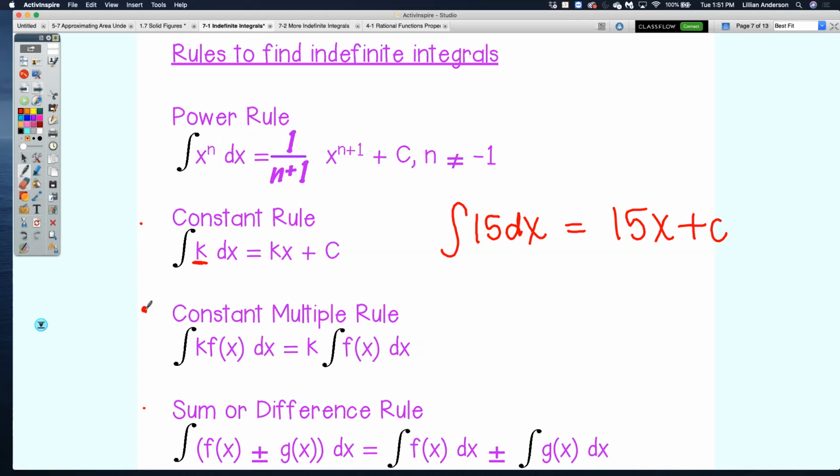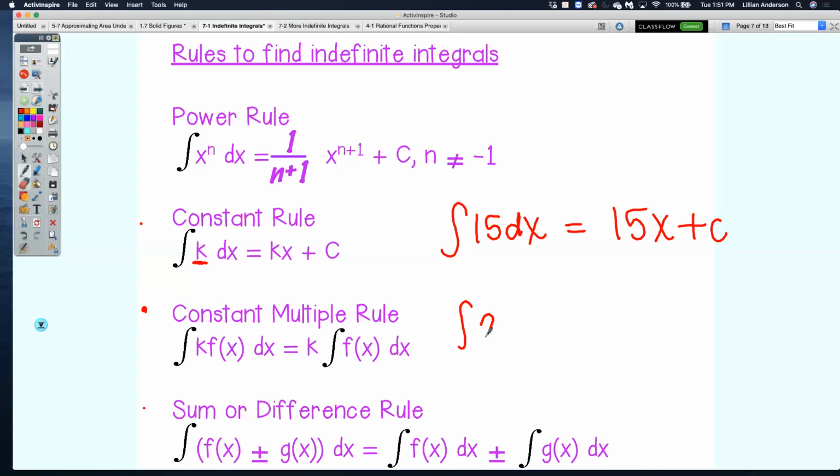The constant multiple rule says that if you're taking the antiderivative of a constant times a function dx, you can pull the constant outside the integral symbol and then just take the antiderivative of your function. So what does that look like?